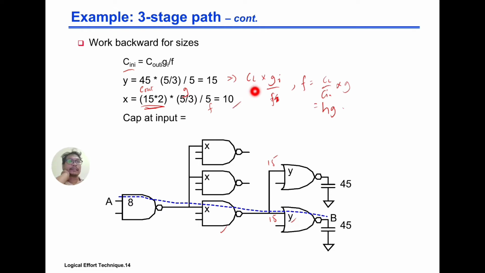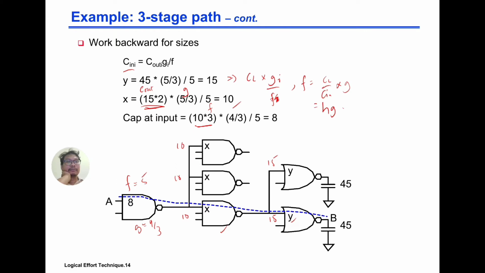Just to validate the capacitance at the input, if this is 10, 10, 10, so here is 30. G here is 4 over 3, and F here is equal to 5.